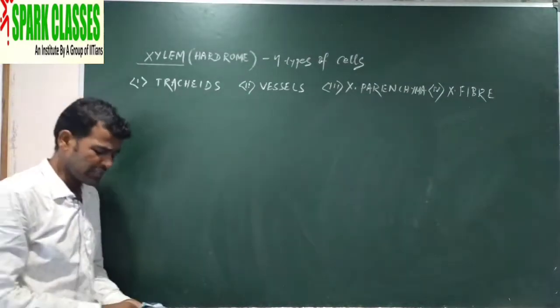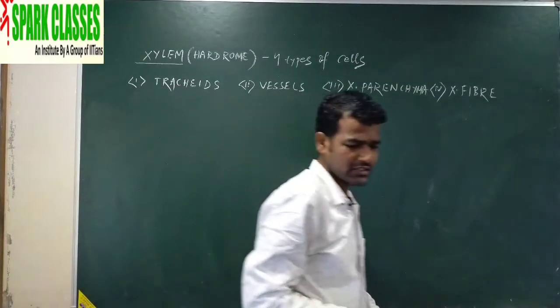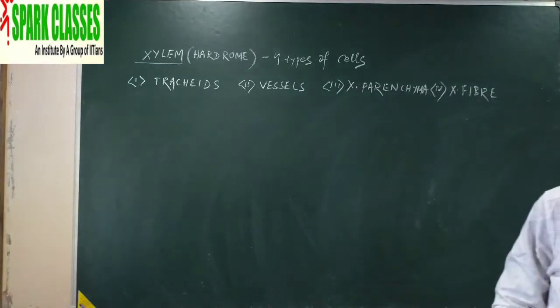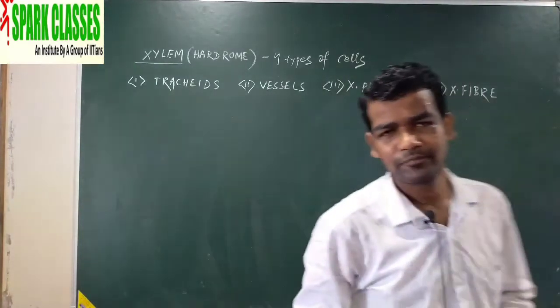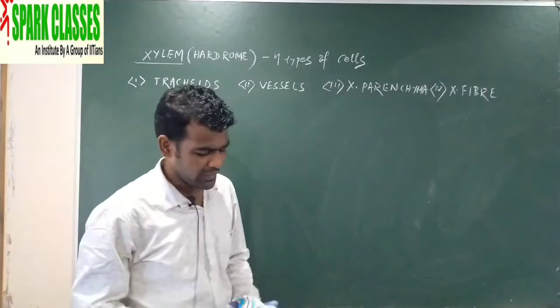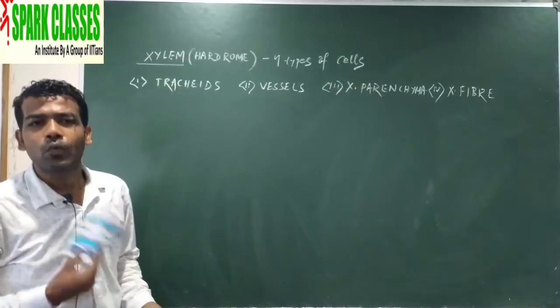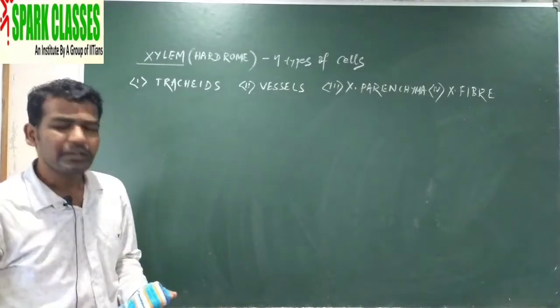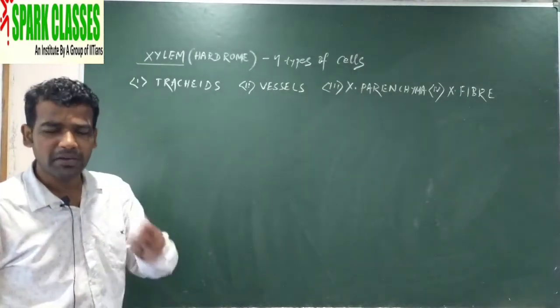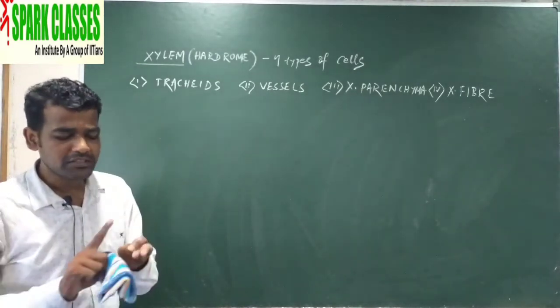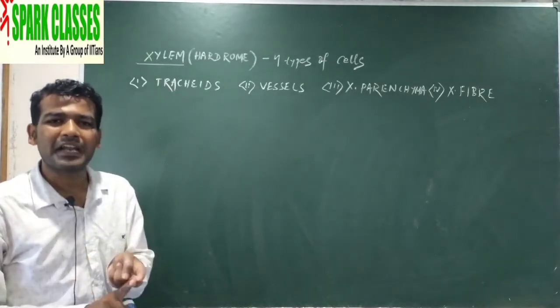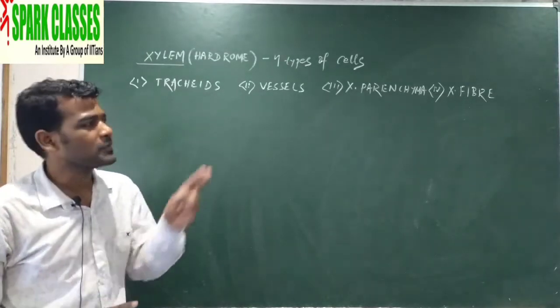First question comes in NEET about these 4 kind of cells. Out of 4 kind of cells, 3 cells are dead and only 1 is living. Can you guess which one is living? I had already told you. What are the living simple permanent tissues? Simple permanent tissue, 3 types I had told you: parenchyma, collenchyma, sclerenchyma, and one parenchyma term is written here.